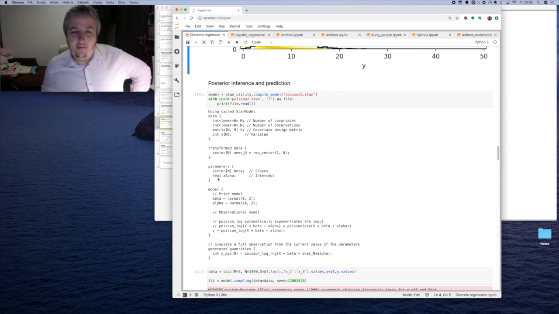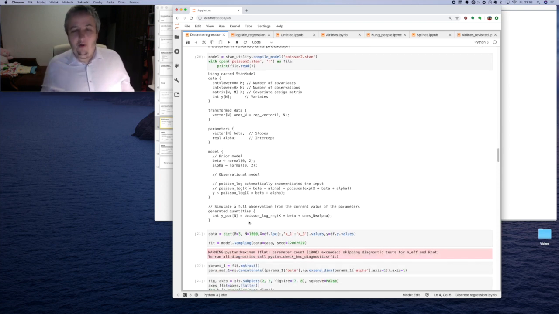We have a vector of parameters beta, which will be slopes in our linear model, we have an intercept alpha, we have a vectorized realization of Poisson log in the model, and we'll also be simulating our full observation from our results using the Poisson log RNG.